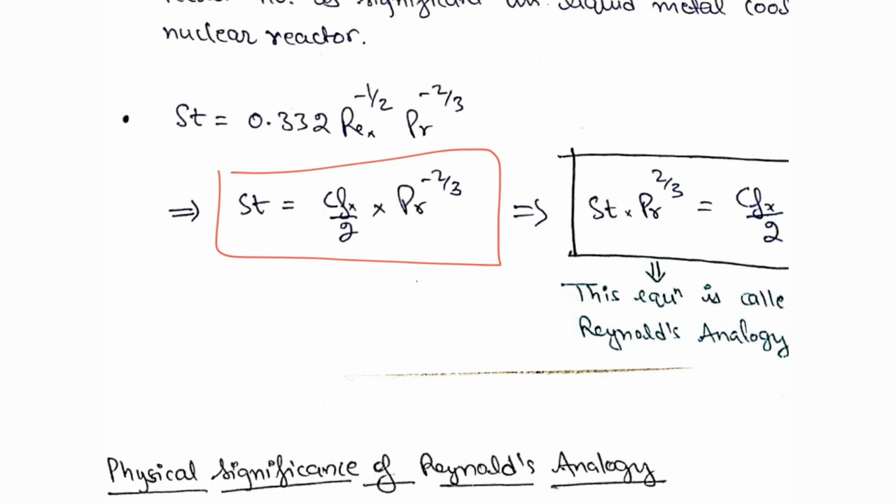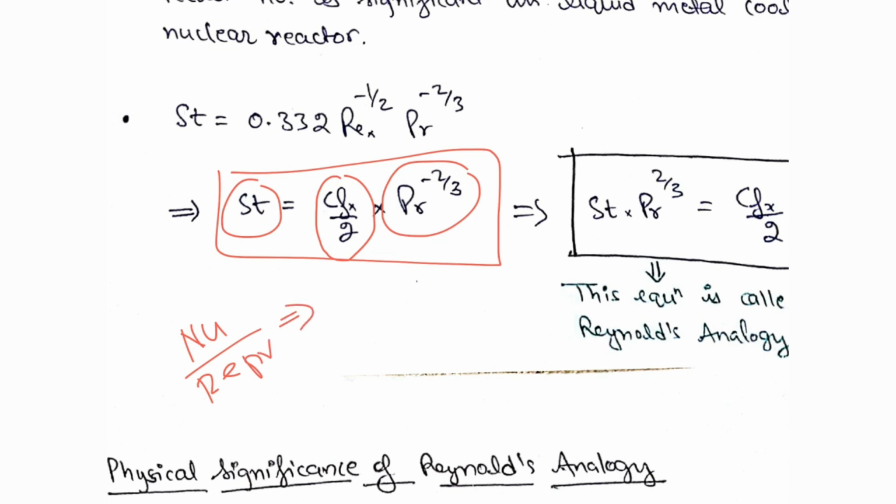From here, if you know the value of Cfx and the Prandtl number, you can easily get the Stanton number, and the Stanton number is nothing but Nusselt number upon Re Pr. What is the Nusselt number? The Nusselt number is hd by k, the Reynolds number is rho v d by mu, and the Prandtl number is mu cp by k.